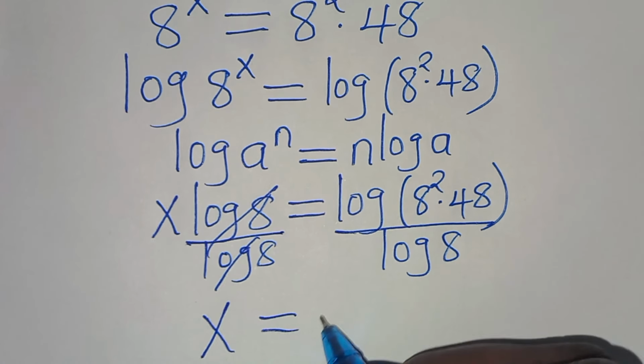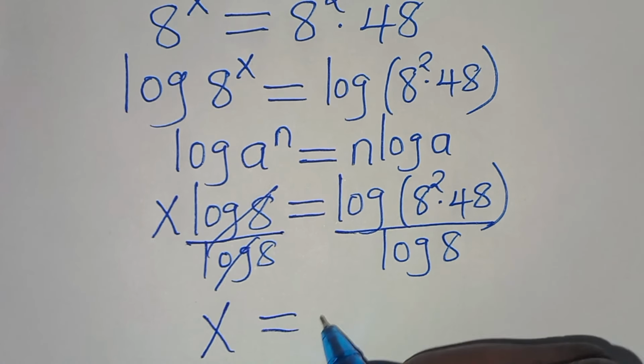So we have that log 8 to the power of 2 is in the form of log a to the power of n, which we can express as n log a. Now applying this property, we have that x is equal to 2 log 8 divided by log 8, plus log 48 divided by log 8.